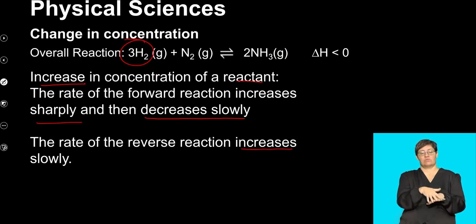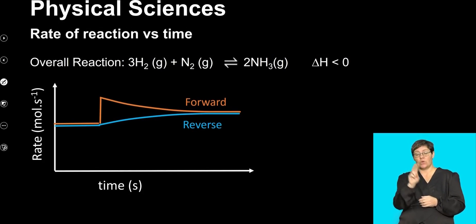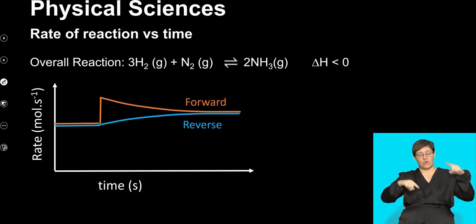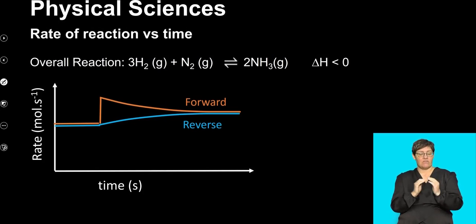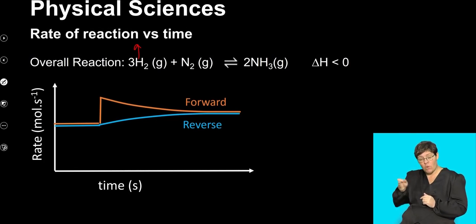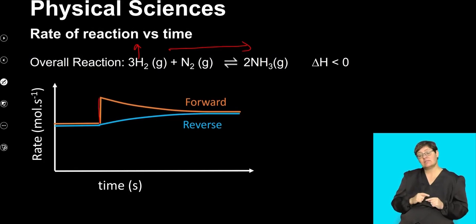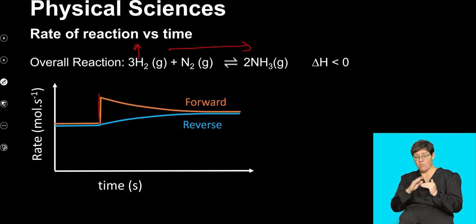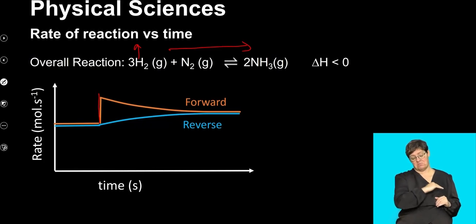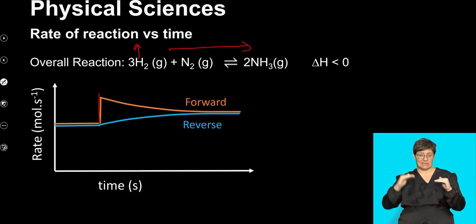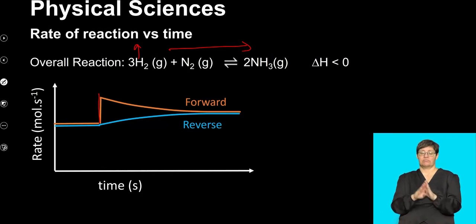It will increase slowly. If we look at the rate versus time graph for that increase in hydrogen, because the forward reaction was favored, the spike for our forward reaction is high, with no spike for the reverse reaction, but the forward reaction then starts to decrease, and then the reverse reaction starts to increase.